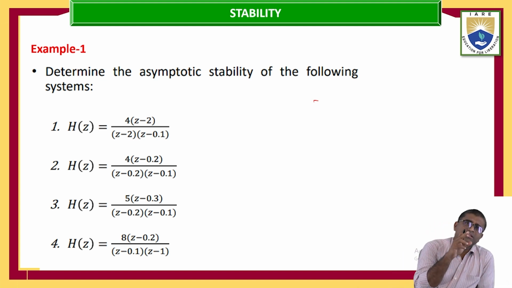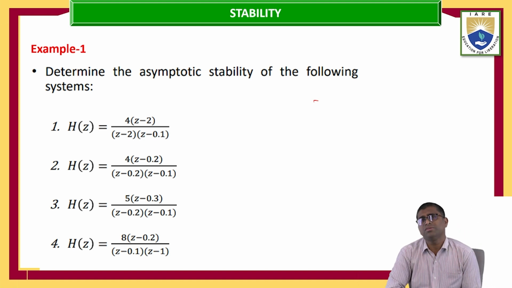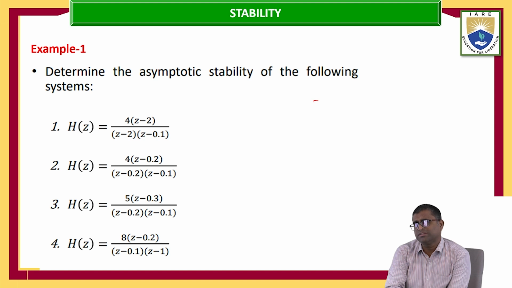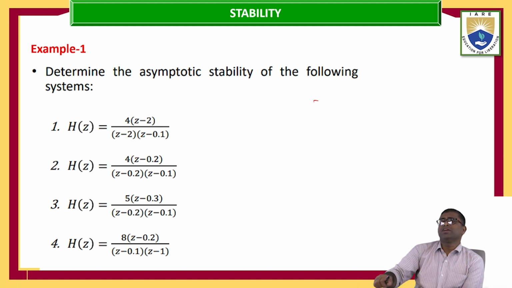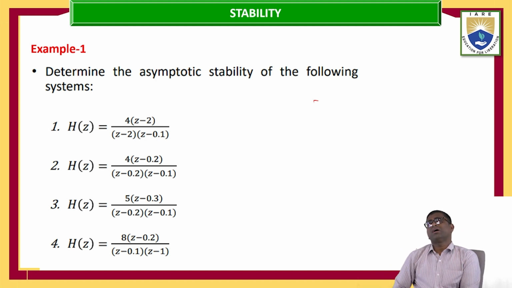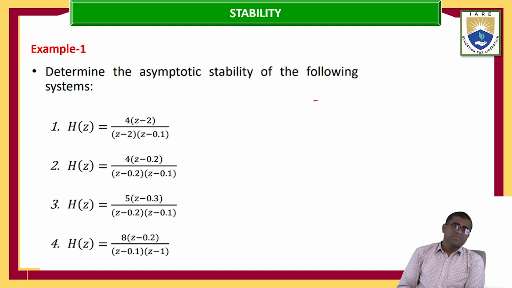So z equal to 0.1 is within the unit circle. Z equal to 1 is on the unit circle. So that will be stable or asymptotically stable. Why?